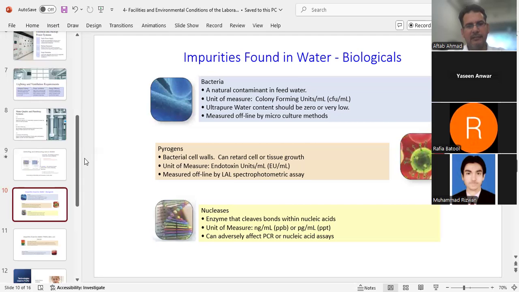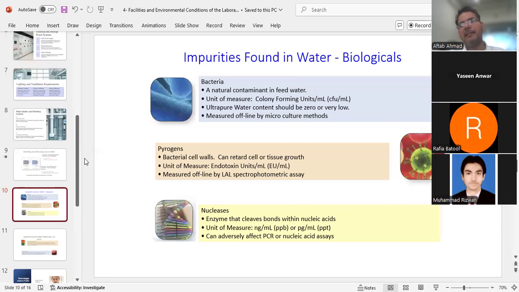If the number is small, for example, if I'm taking 100 microliter and I have 10 colonies on my plate, it means 100 microliter contains 10 bacteria, and that means per ml it will be 100 bacteria per ml. And if the number is in millions and billions, then you do the serial dilution.